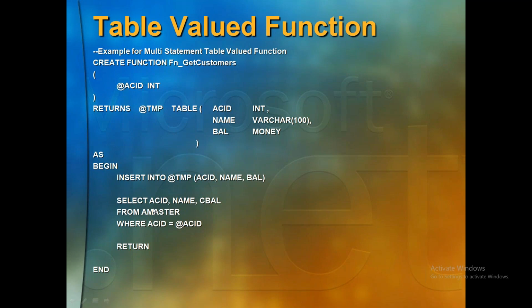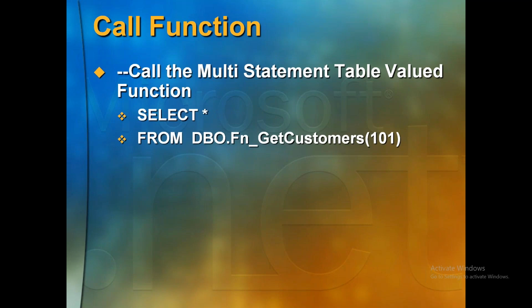This is the syntax only, nothing else. So when you create a table variable and return the data, this is what is called a table valued function. Clear? You should be able to call like this and call the multi-statement table valued function. You can have programming and you should be able to call like this because it is going to return a set of rows. You should be able to give the data inside this. Clear?